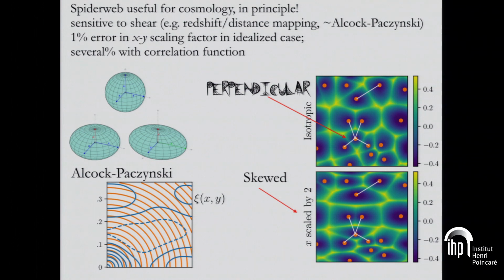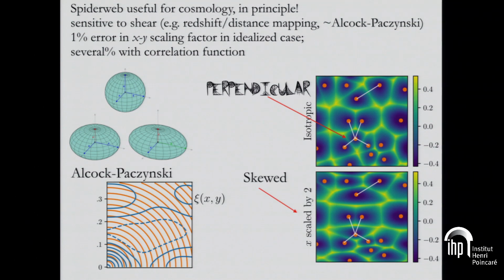Now, of course, we can't do that perfectly, but this is a 2-dimensional correlation function that I made from this, so the blue stuff is the correlation function here. What we're trying to do here is to match the blue contours of the correlation function to the orange radial arcs, or circular arcs.